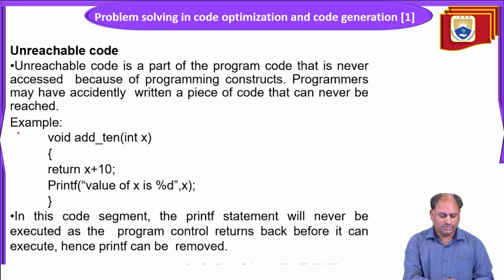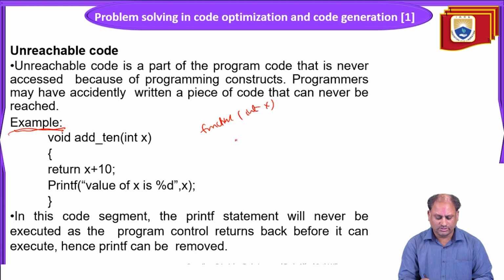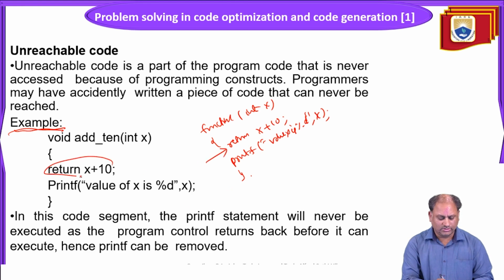Another important property is unreachable code, shown in this example, where the programmer accidentally writes a piece of code that can never be reached. Here we write a function which has some variable x, and this function returns x plus 10, that means adding a value of 10. Now we print the value of x after the return statement.